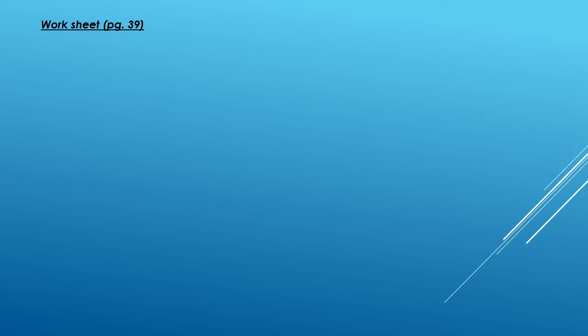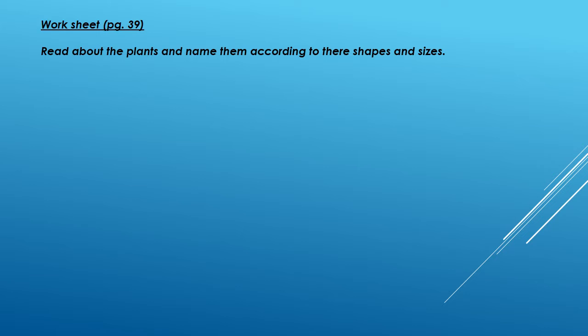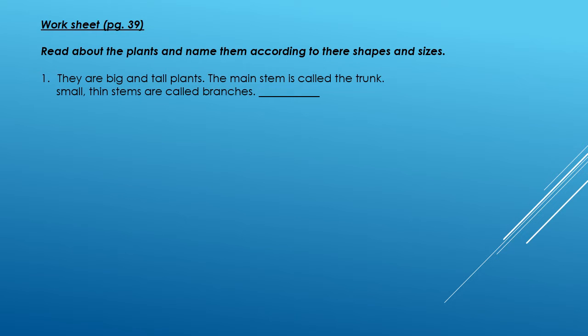Now children, we will start with our worksheet. Read about the plants and name them according to their shapes and sizes. First, they are big and tall plants. The main stem is called the trunk.